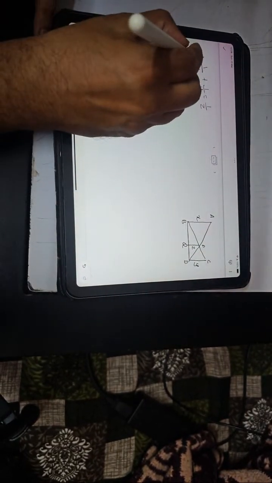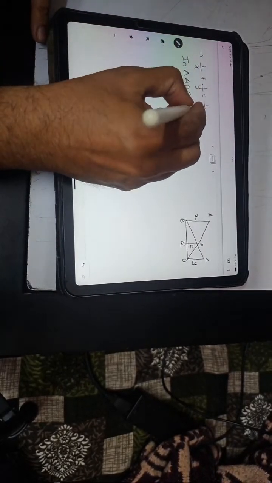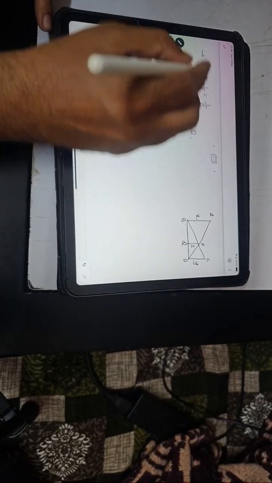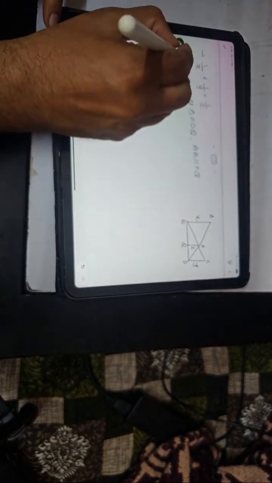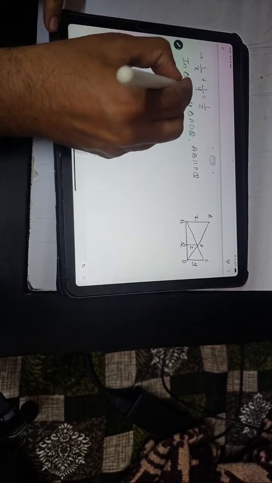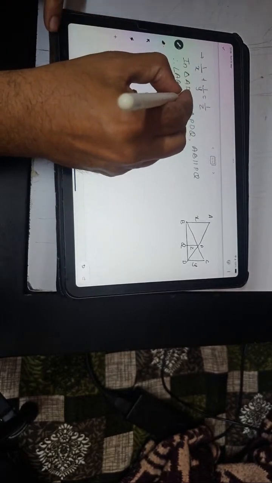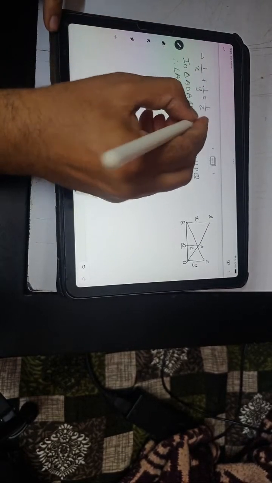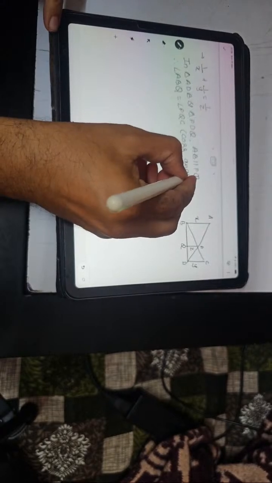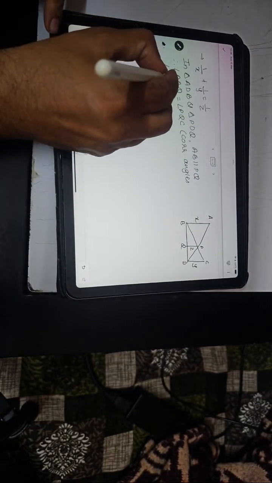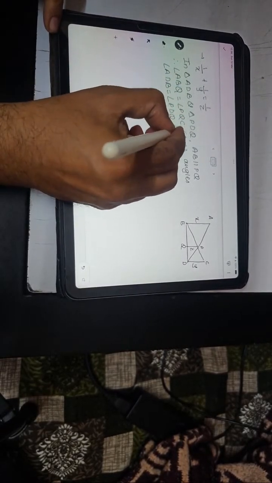So here in triangle ADB and triangle PDQ, AB parallel to PQ. So therefore angle ABD equal to angle PQD, corresponding angles. Angle ADB equal to angle PDQ, common.